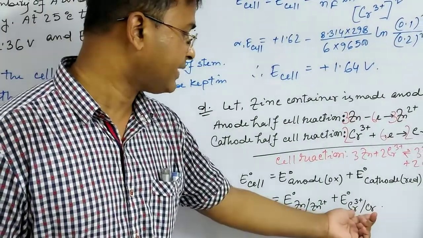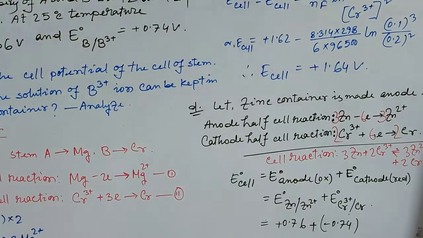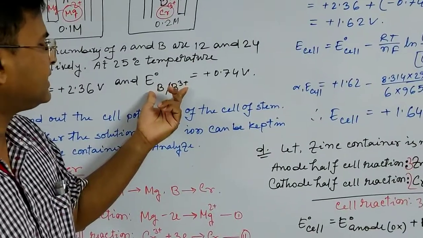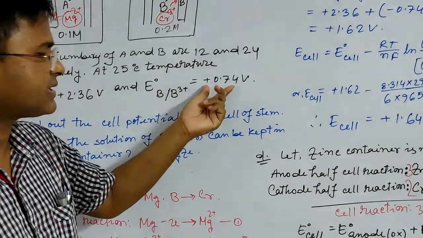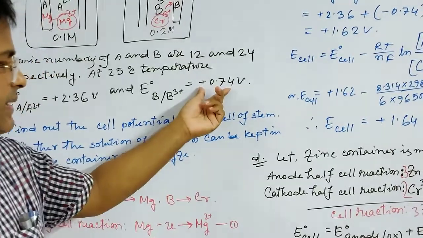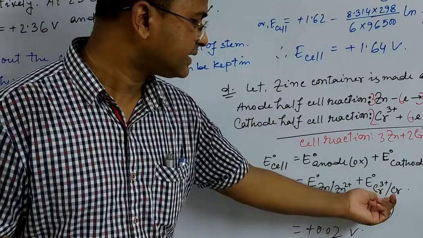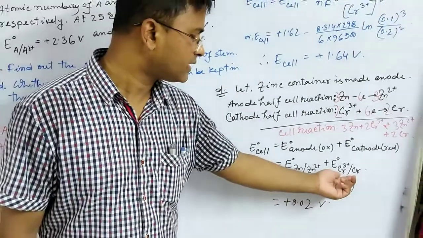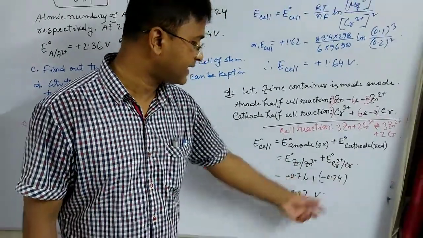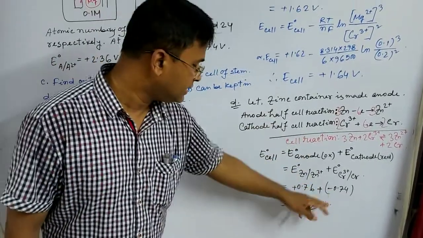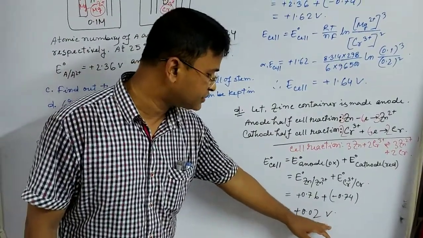Plus the reduction potential of chromium is given. In the question it is given as oxidation potential plus 0.74 volt, but here it is in reduction mode. That's why I have written here minus. The sign will be opposite, and the result is plus 0.02 volt.